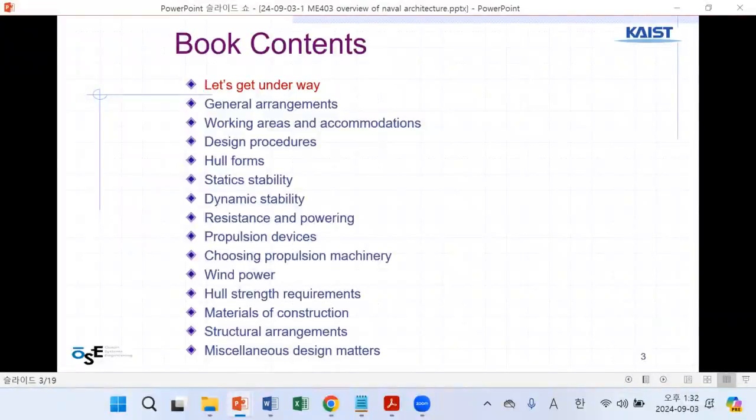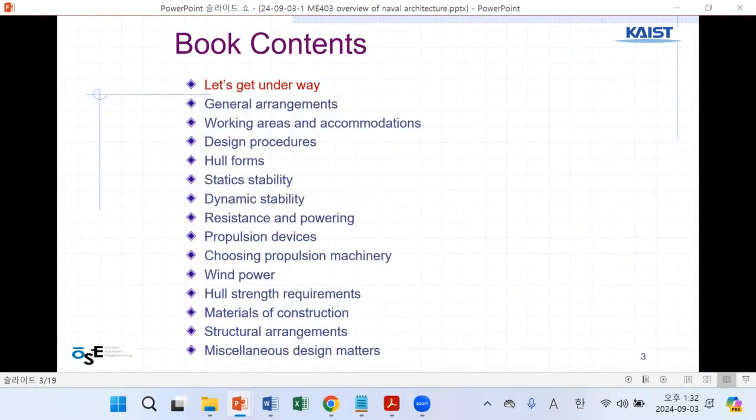So we need to know how much thickness of plate, and the beams and walls, that kind of thing. Materials for construction, usually we are using steel, and nowadays we know different materials, aluminum and also concrete. And in old days, wood was used.